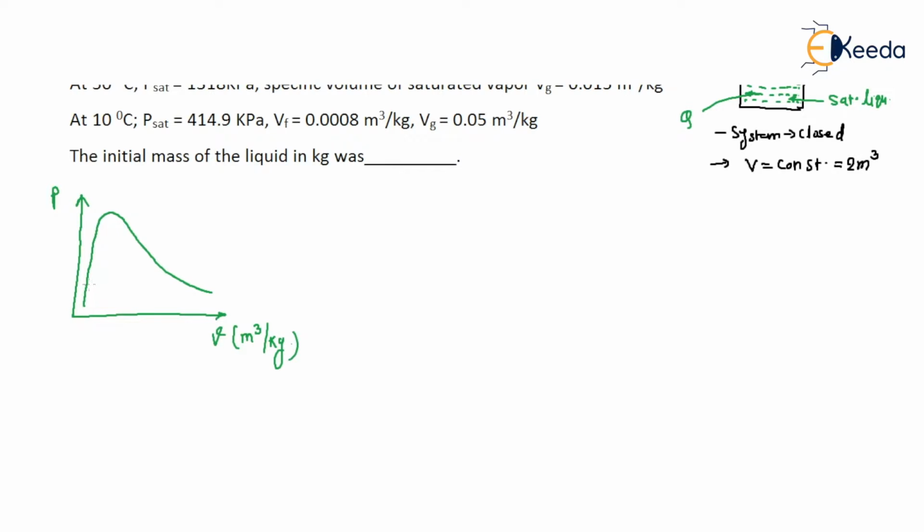Initially it is at 10 degrees centigrade, so what is the saturation pressure? The saturation pressure is given as 414.9 kilopascal. Saturated liquid is denoted by f and saturated vapor is denoted by g.